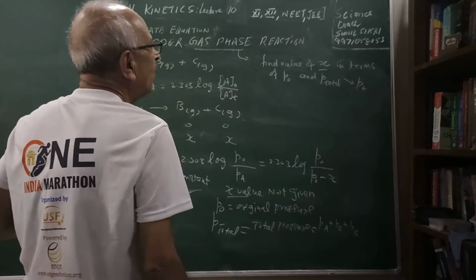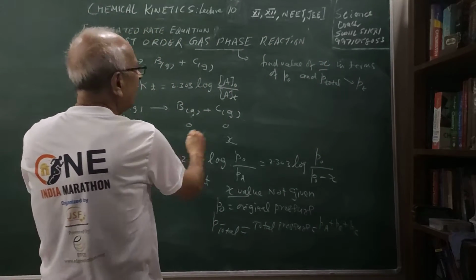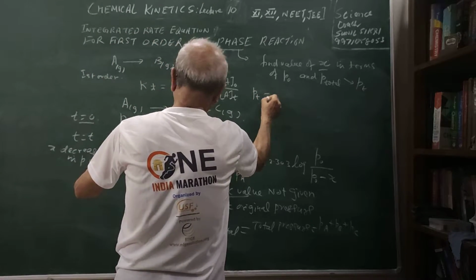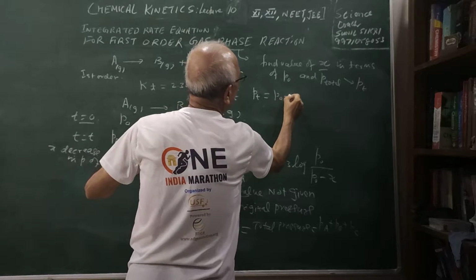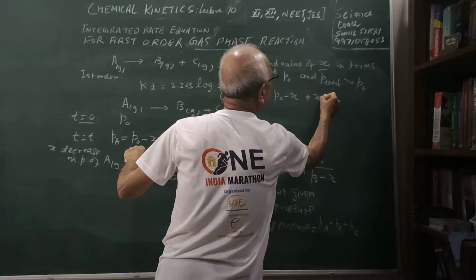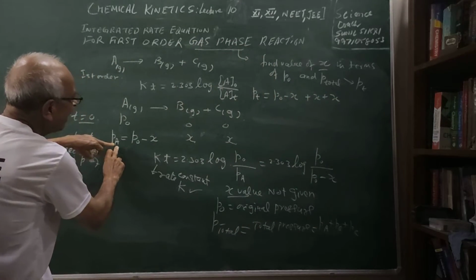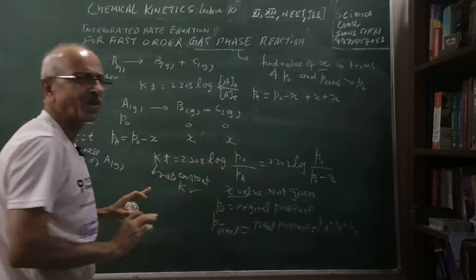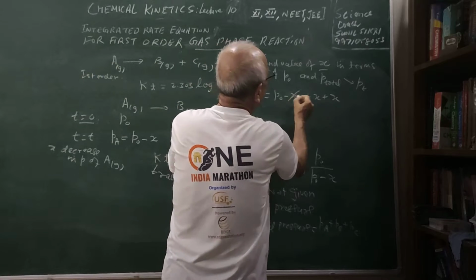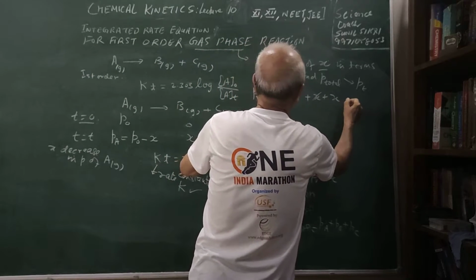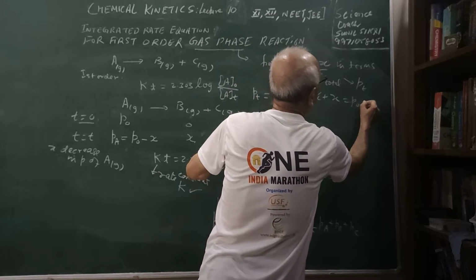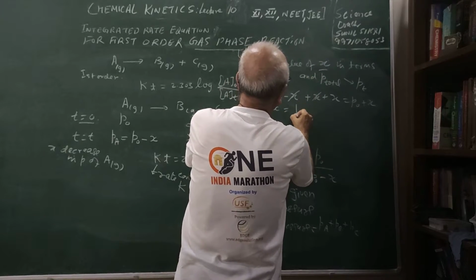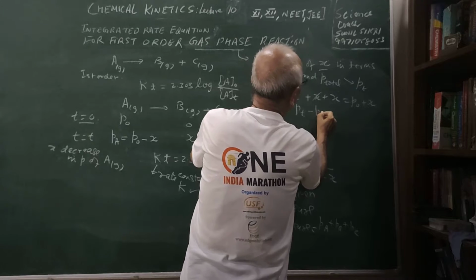We know that after time t the total pressure PT will be P0 minus X plus X plus X. So X and X cancel, and what you get is P0 plus X. In other words, X is equal to PT minus P0.